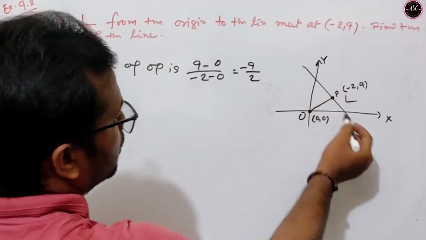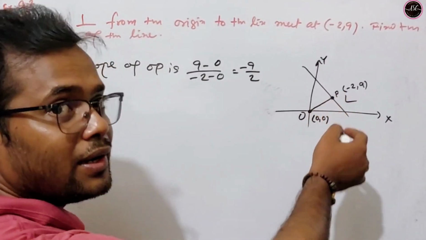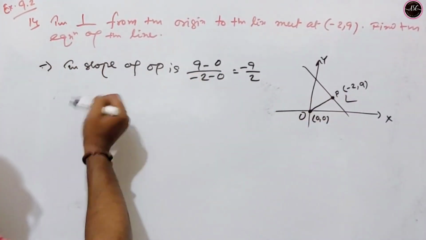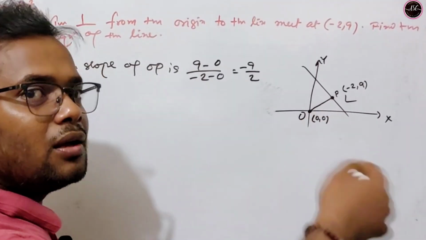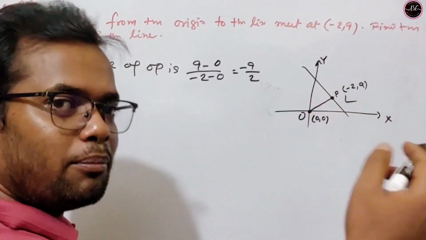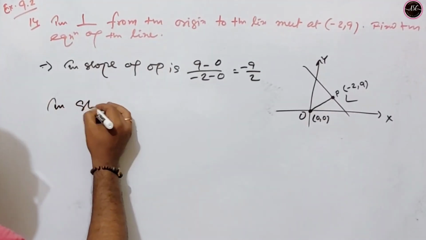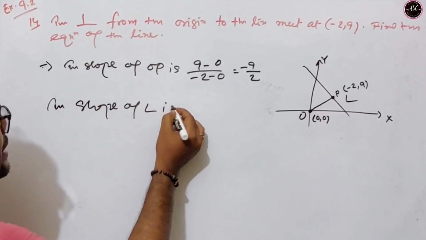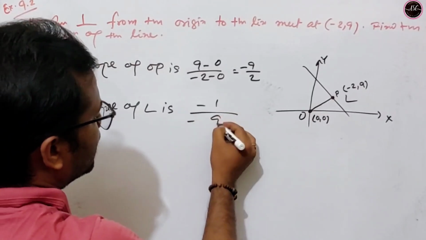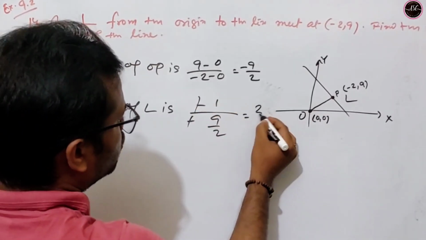So the slope of the L line is, as L is perpendicular to OP, minus 1 divided by this slope. So the slope of L is minus 1 divided by minus 9 by 2, that means minus minus will be cancelled out, 2 by 9.